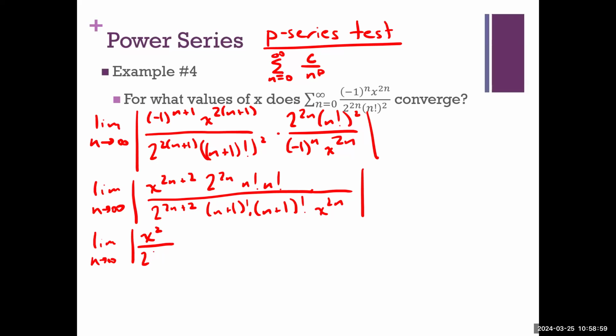All right, can we deal with the factorials? How so? n plus 1 factorial is n plus 1 times n factorial. Okay, so I can write both of those as n plus 1 times n factorial. The numerator still has these in it.